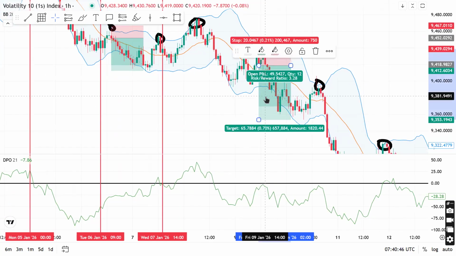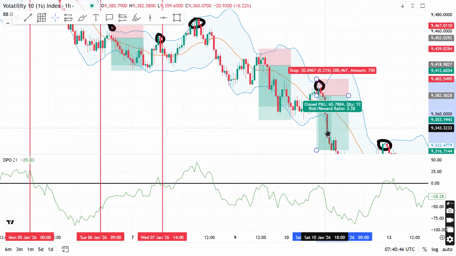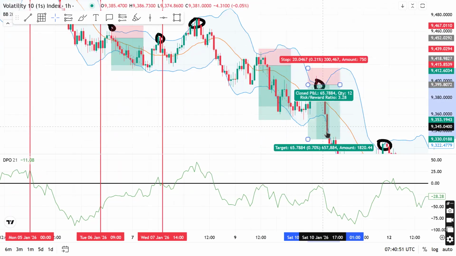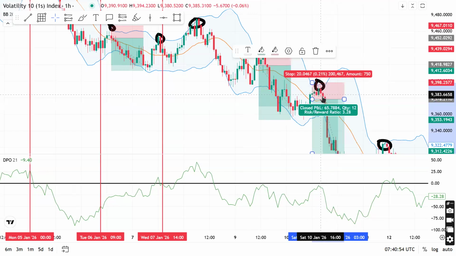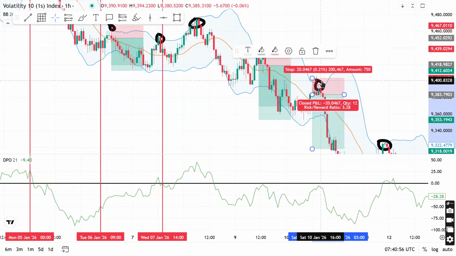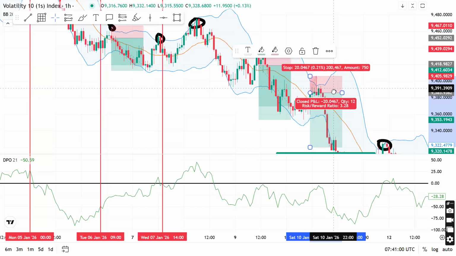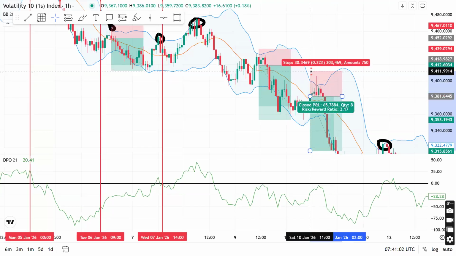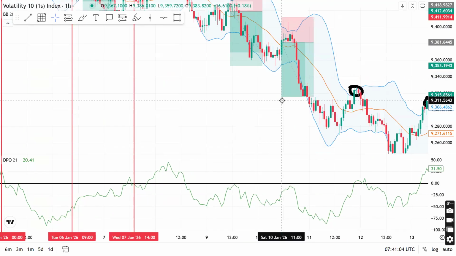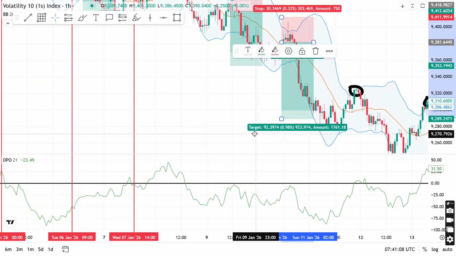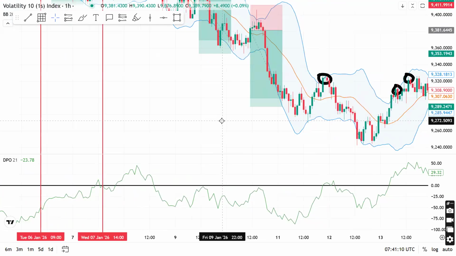Now, we have another opportunity here. Price touches the top part of the Bollinger Band. Let me remove this. And we have another 1:3. Are you seeing this magic?